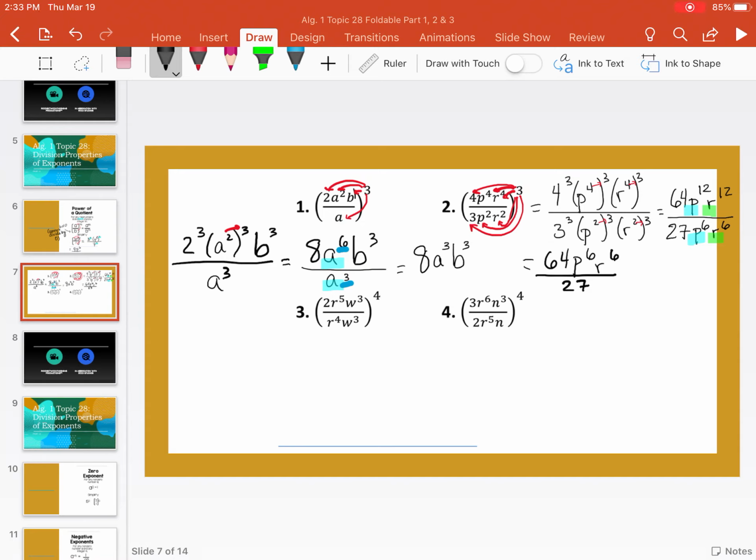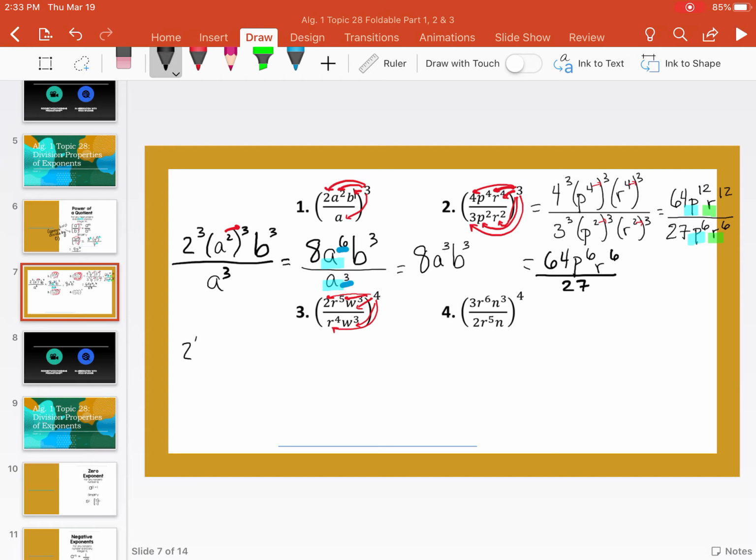If we move on to number 4, we have 2r to the 5th w cubed over r to the 4th w cubed, all raised to the 4th. So here, we don't see any numbers or variables that don't have an exponent, so we're just going to apply the exponent.